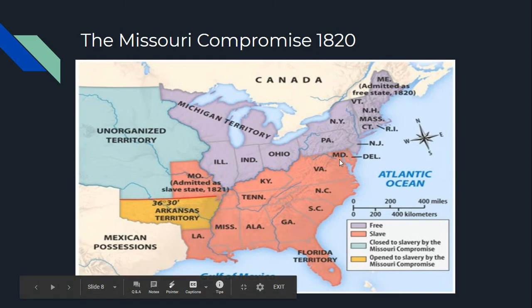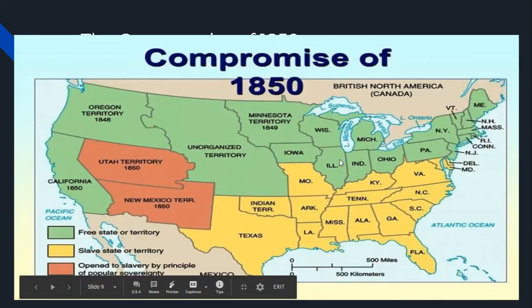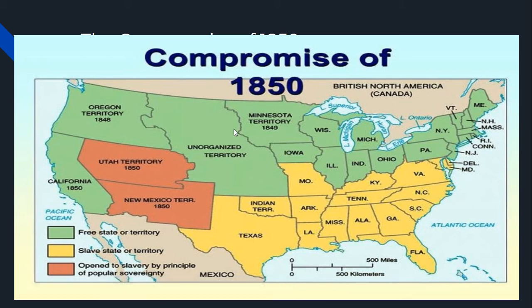Now, let's take a look 30 years later. This is a result of the Compromise of 1850. This would now be free states. This would be slave states, and there again you have Missouri going above the 36th parallel. California is admitted as a free state, as we said.